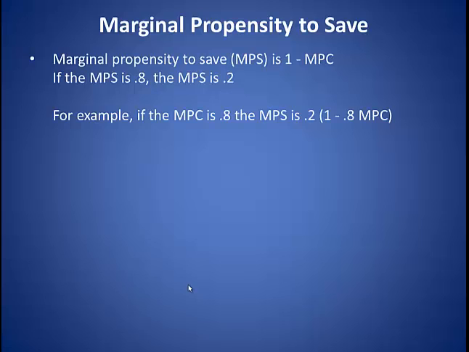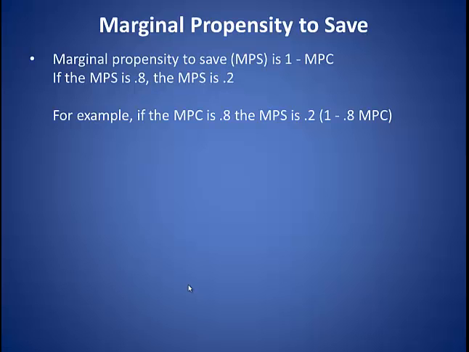Now, there is a corollary to MPC, and we call it MPS, the marginal propensity to save. If you think about it, it's very logical, because if we have a marginal propensity to consume of 80%, logically our marginal propensity to save is the other 20%. The marginal propensity to save is what we don't consume.